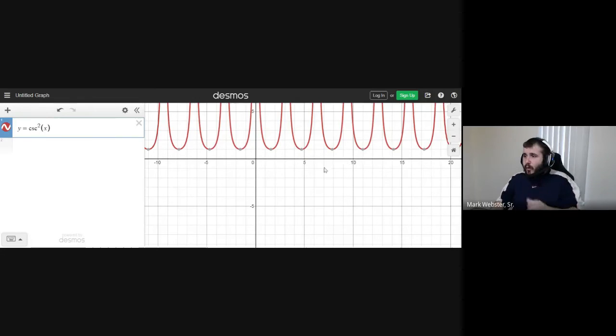And so what ends up happening with secant and cosecant is there's a minimum value for the squared version, not the original. Welcome back, by the way.